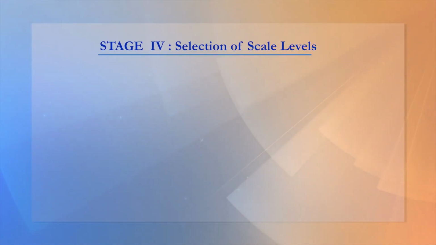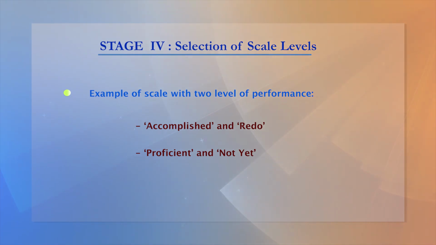The decision should be based on a very simple principle, that is, select as many as which you can distinctly describe in terms of meaningful differences in performance quality. Hence, for a very simple task, it may be 2 levels and termed as accomplished and redo, or proficient and not yet.